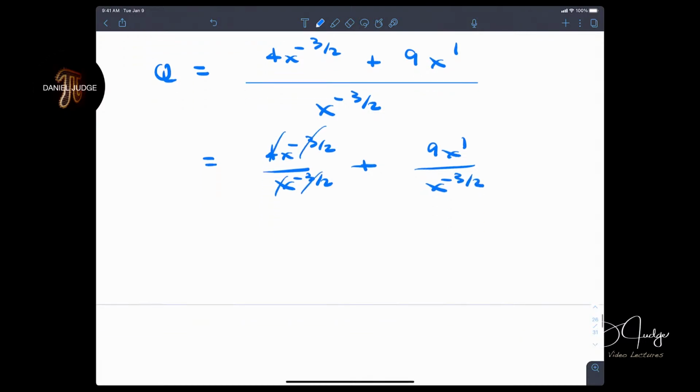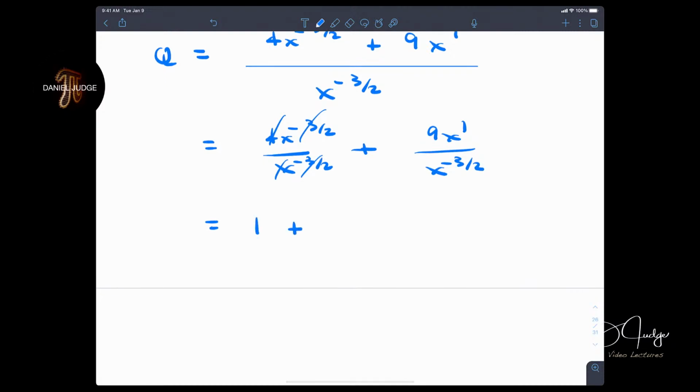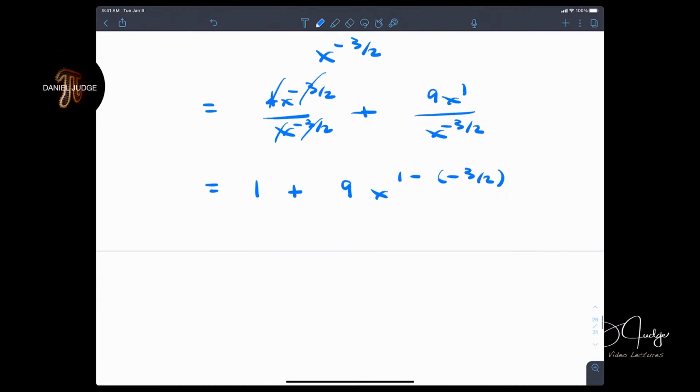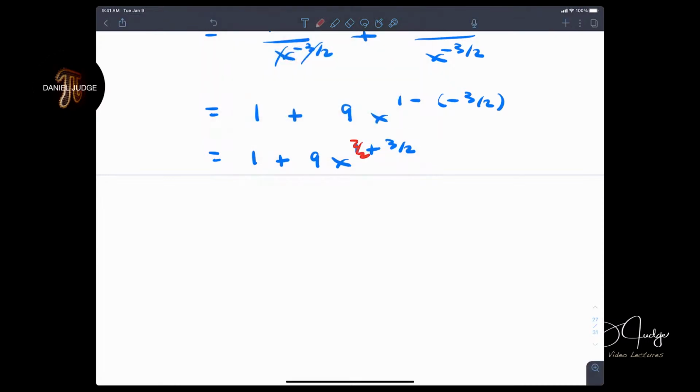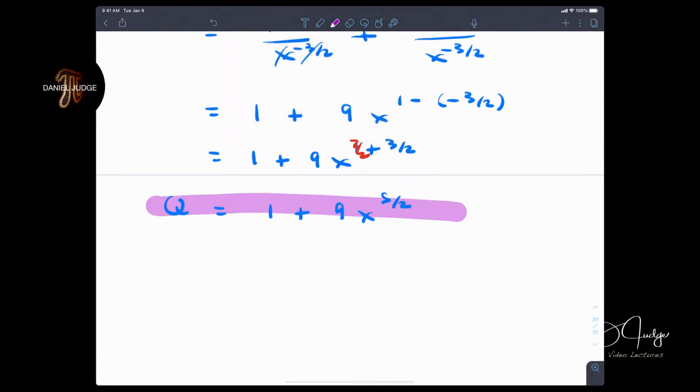Take out the numbers and the expressions here. 1 plus 9x to the 1 minus a minus 3 halves. Okay? Using properties of exponents over there. 1 plus 9x to the 1 plus 3 halves. Now 1 plus 3 halves, remember this, 2 halves. 1 plus 9x to the 5 halves. This here is your quotient.